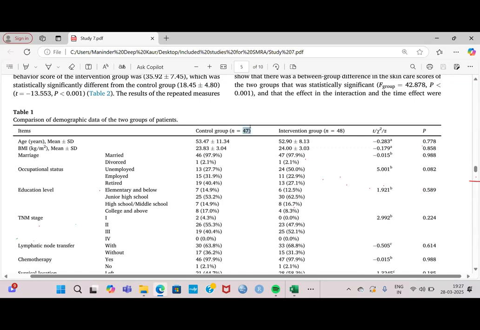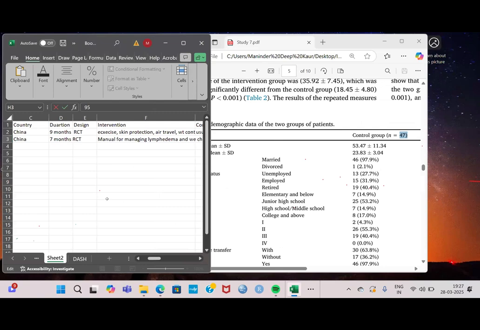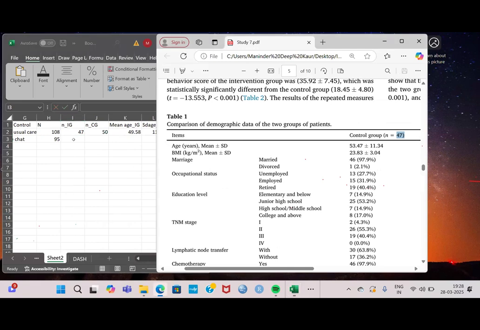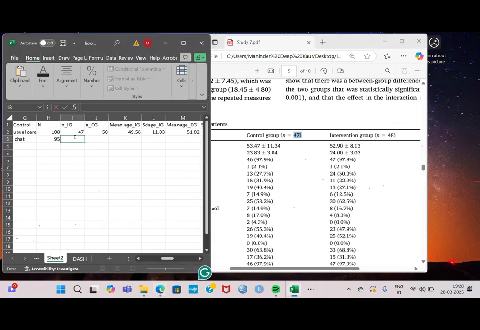So control group is 47 and intervention is 48. So I will enter the number in the Excel sheet. Small n is, so intervention group is 48 and control group is 47.